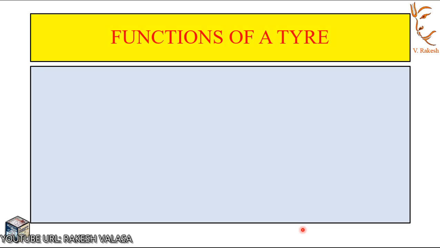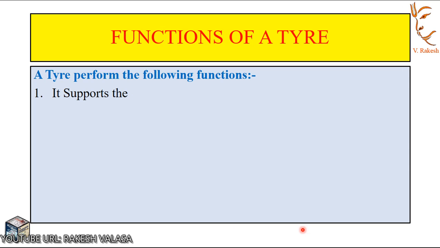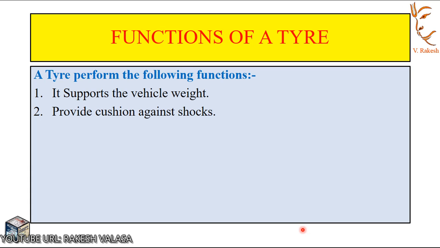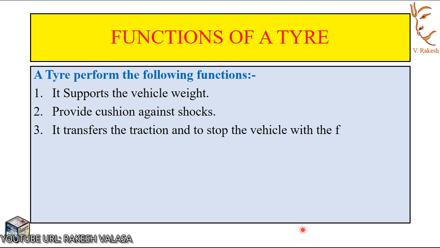Functions of a tire. A tire performs the following functions. First, it supports the vehicle weight, provides cushion against shocks, transfers the traction, and stops the vehicle with the friction between the tire and the road surface.